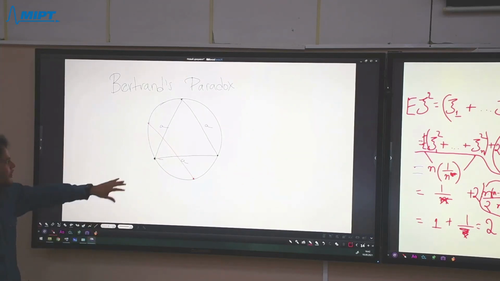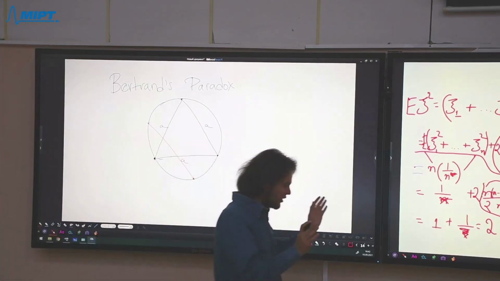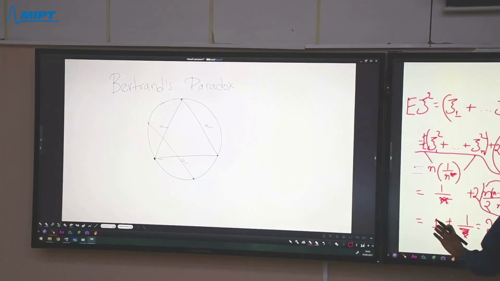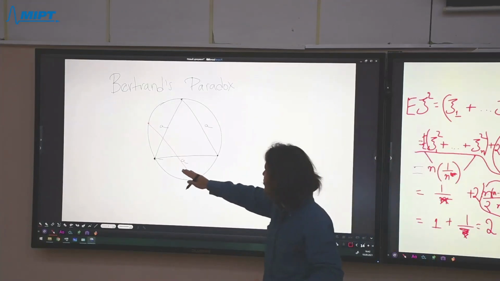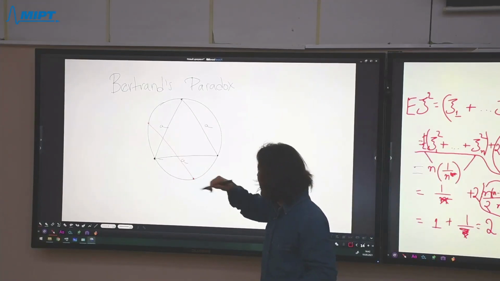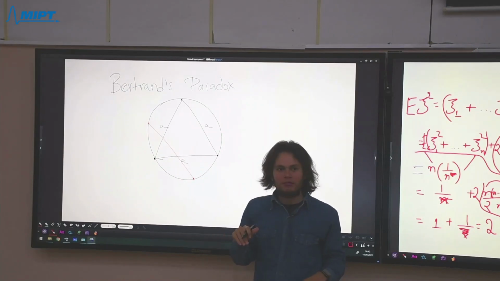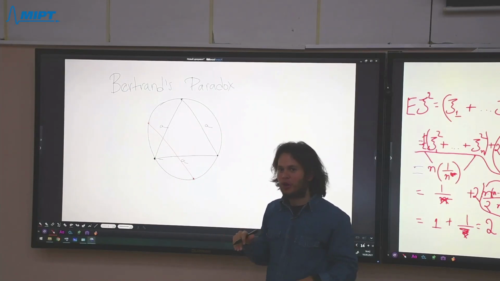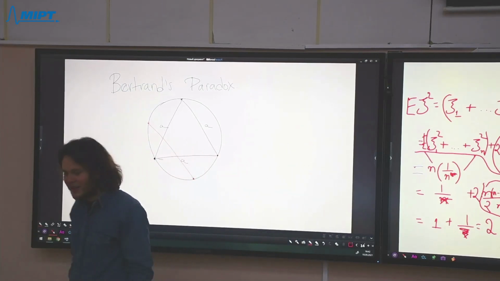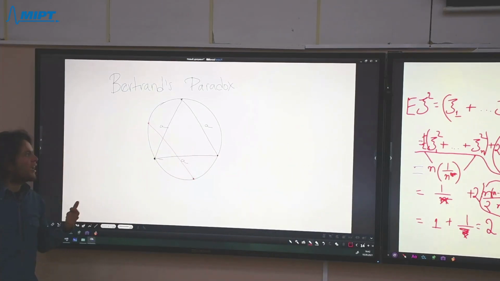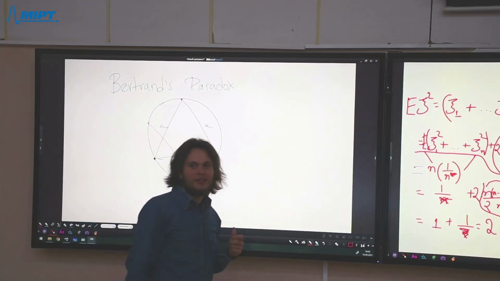So if we take a random chord here, the length of this chord is going to be greater than A, the side of the triangle. Okay, so what's that probability? And this is a paradox because we can get different answers. Actually, we can get any answer from 0 to 1. That's very interesting.